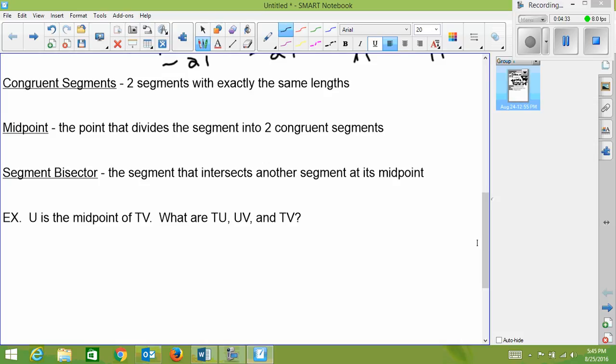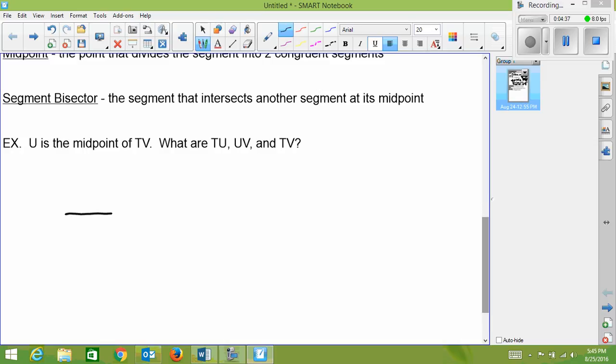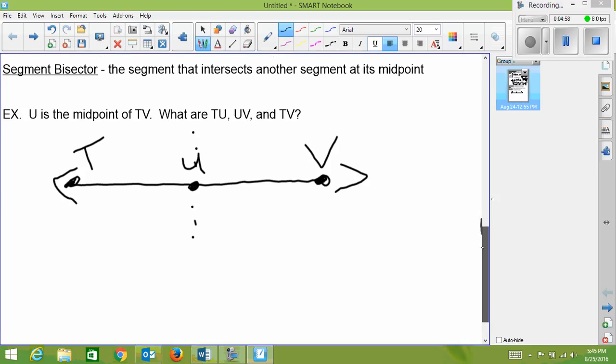Okay, so here's my example. If U is the midpoint of TV, so let's draw this out. So I have T, U, and V. So they're saying that U is in the middle. So U is the midpoint. So if I were to draw a line right here, that would be my segment bisector.